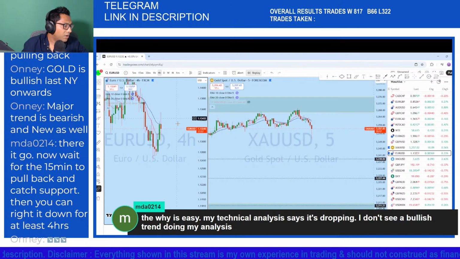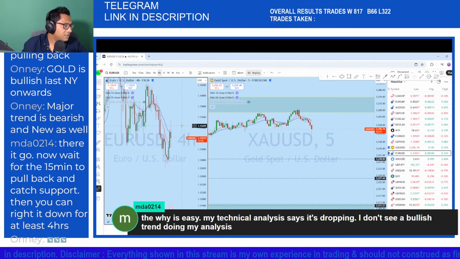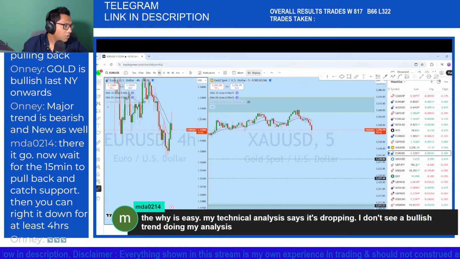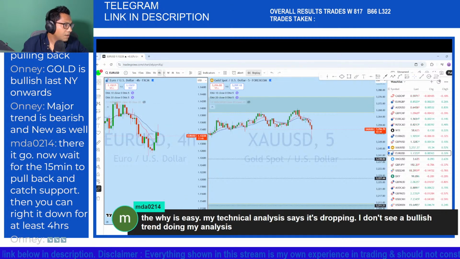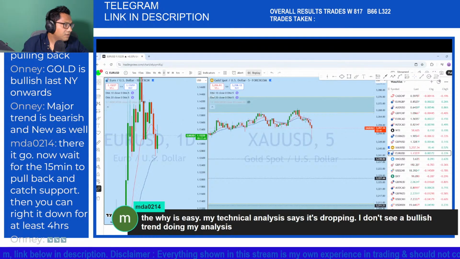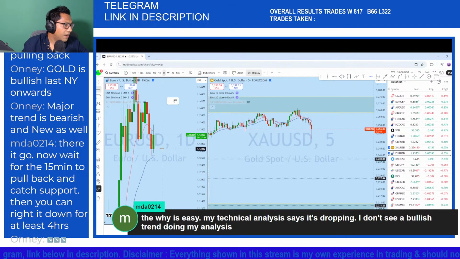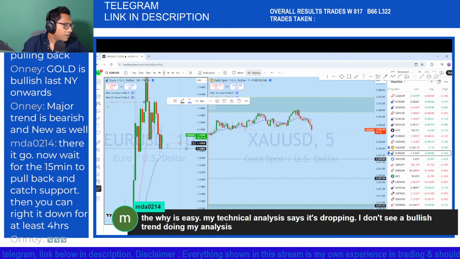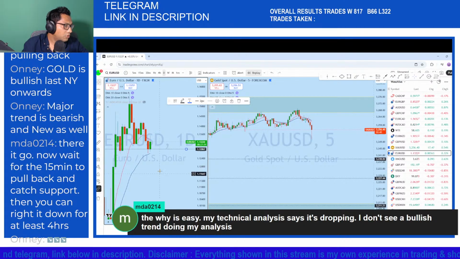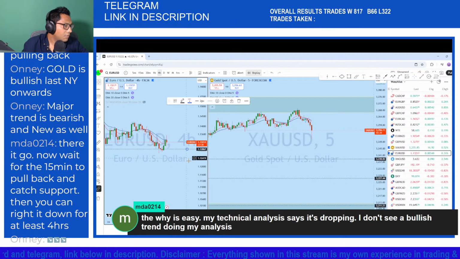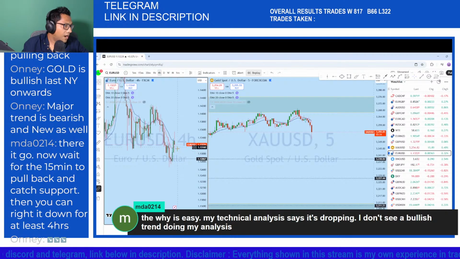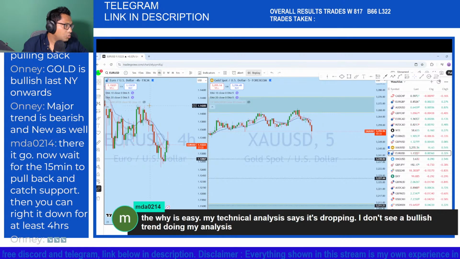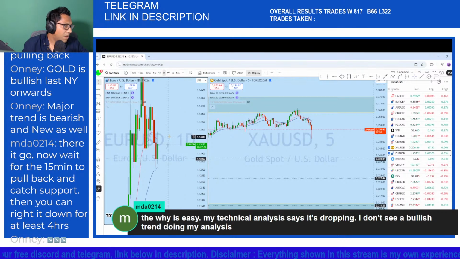Looking at the 4-hour here, with that drop on euro dollar, we can see there is a doji. Looking at the daily here, that is where this is a daily support. With the daily support, euro dollar is either to trend or to potentially bounce.